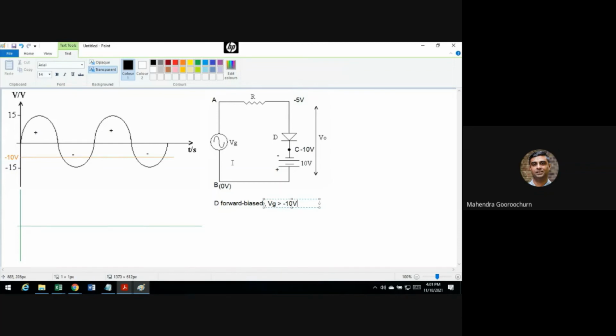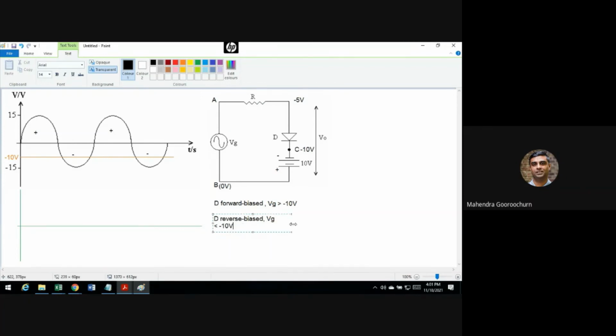The moment your VG is greater than minus 10, even if it is positive, that's fine. So all this region above minus 10, the diode is forward biased. Automatically, the diode is reverse biased when your VG is less than minus 10 volts.